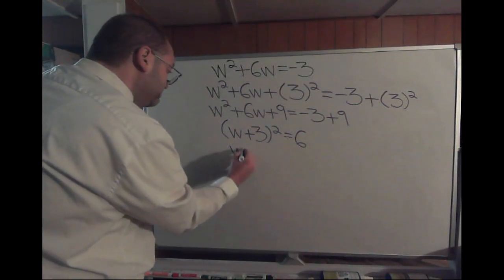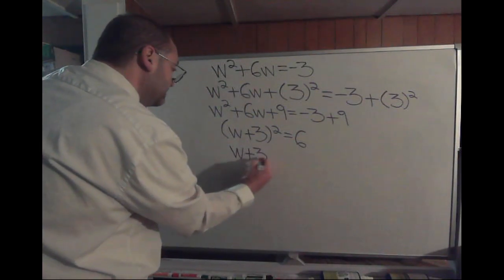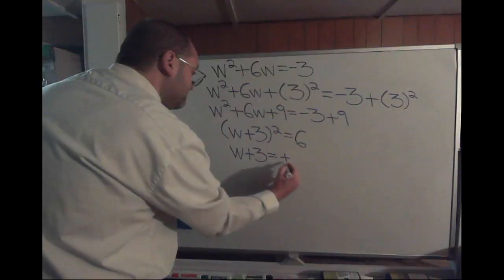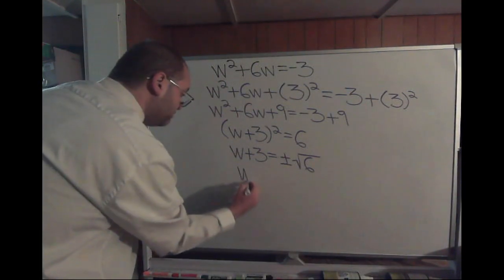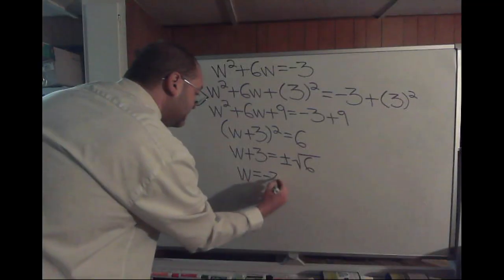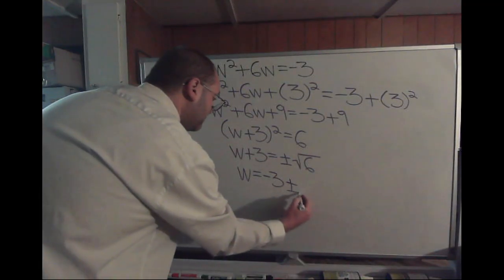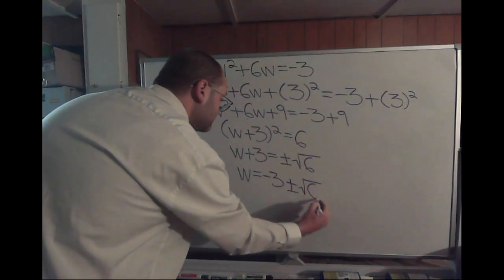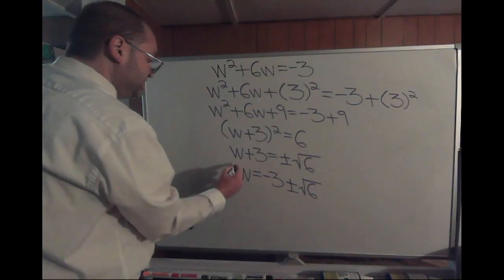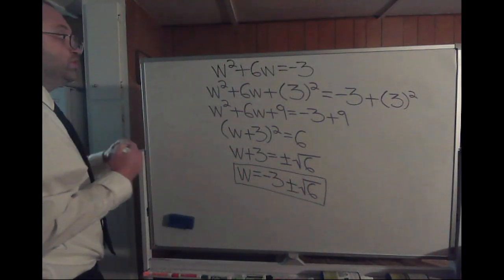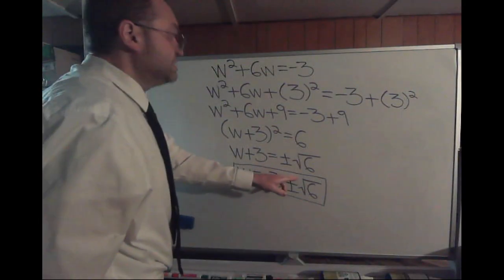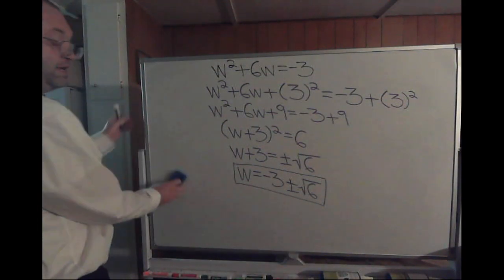I'll end up getting w plus 3 is equal to plus and minus the square root of 6, which means w is going to equal negative 3 plus and minus the square root of 6. And square root of 6 doesn't break down any further, so w is equal to negative 3 plus and minus the square root of 6. That would end up being your answer.